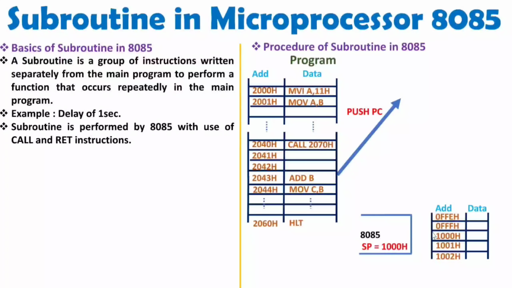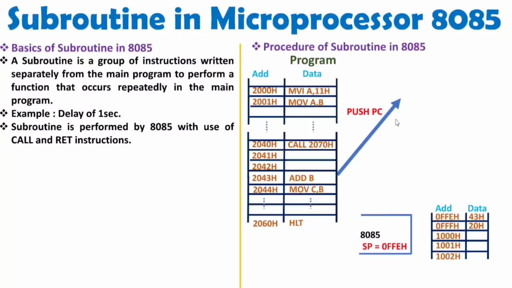Initially the stack pointer is over here at 1000 hex, then the stack pointer will decrement by 1 and it will store 20 first. So you see, 20 is getting stored here. After that it will store 43 hex, that is the lower byte, here. And now the stack pointer will be indicating this address, that is 0FFE hex.